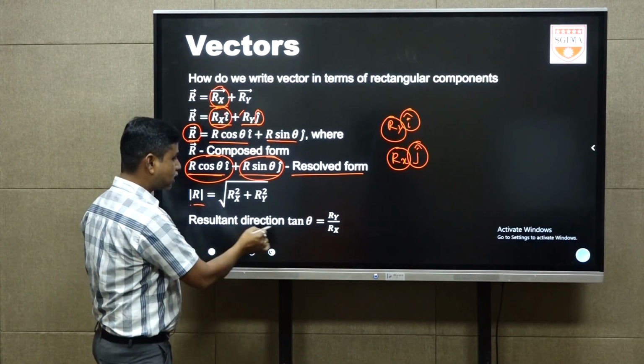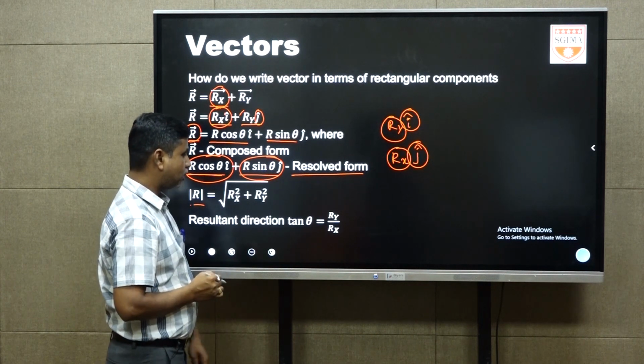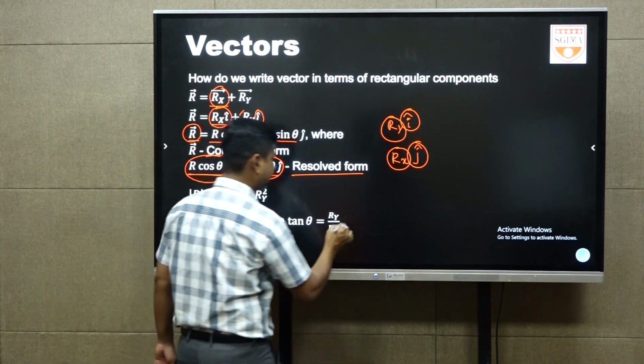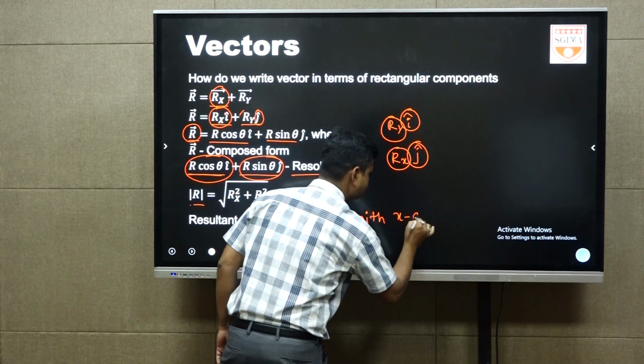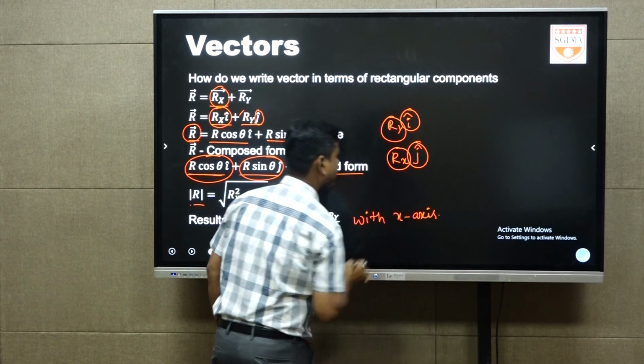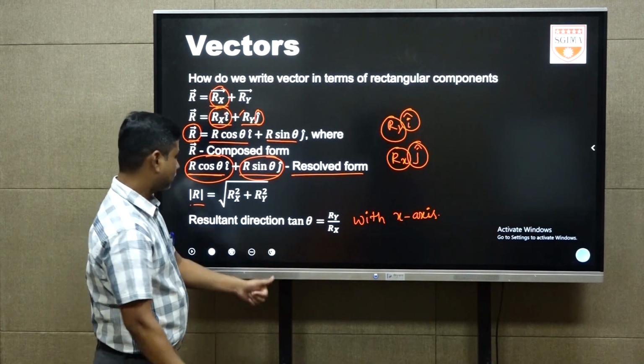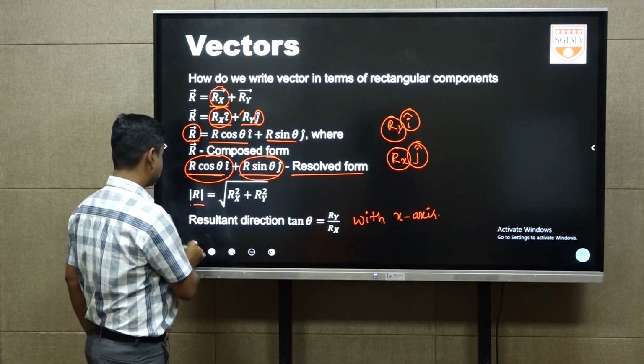Like that is the resultant direction: tan theta equal to Ry by Rx, with the x-axis. The y-axis also, how to find? We discussed that previously.